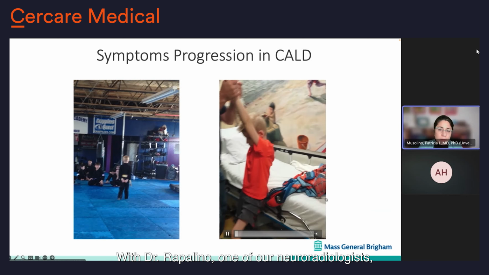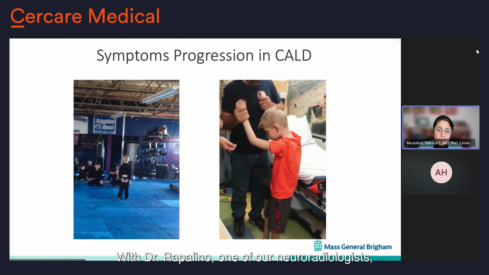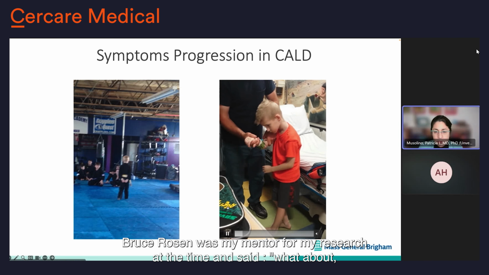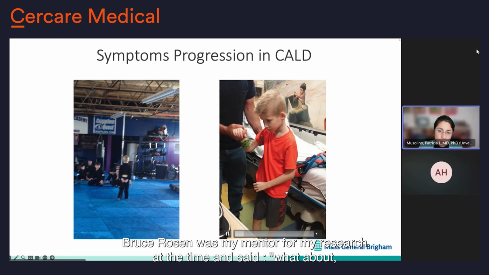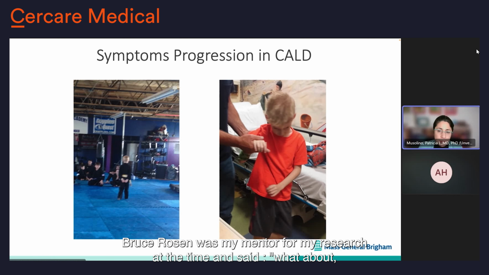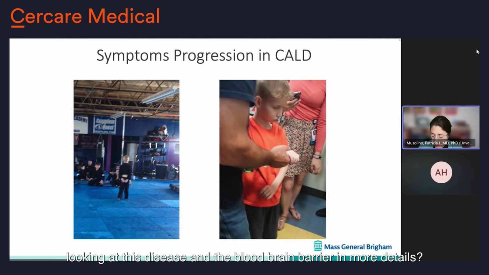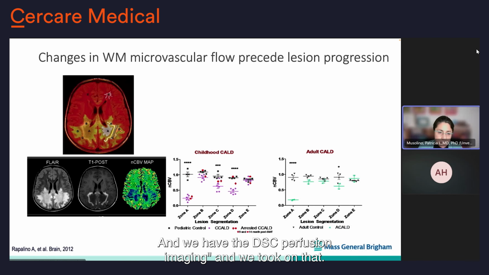With Dr. Rapalino, one of our neuroradiologists, we took on, for the first time, a new approach. Bruce Rosen was my mentor for my research at the time and said, what about looking at this disease and the blood-brain barrier in more detail? We have DSC perfusion imaging, and we took that on.